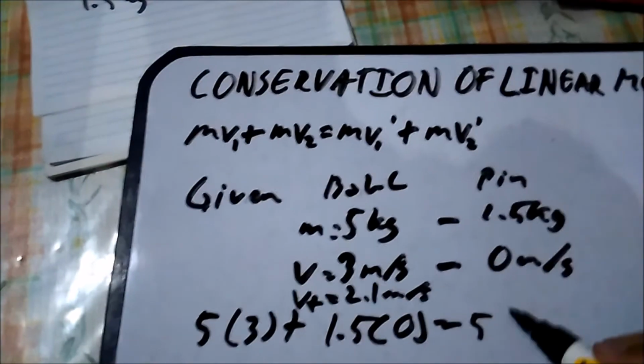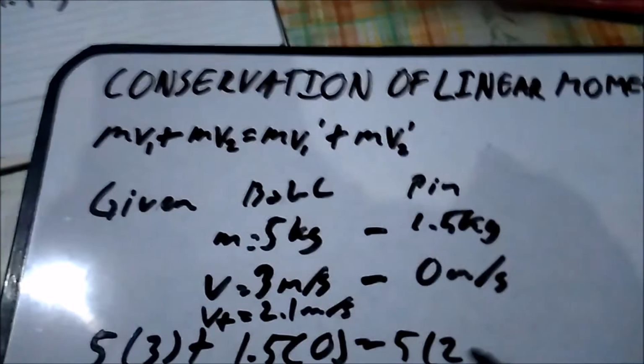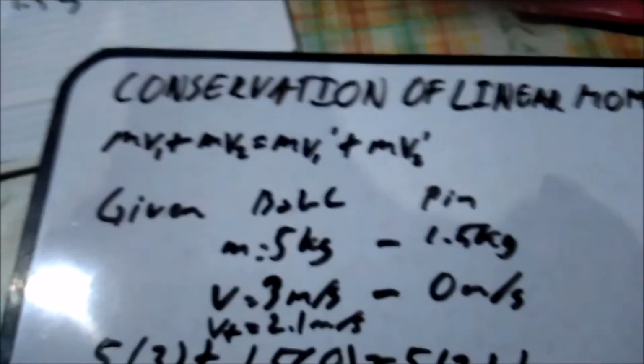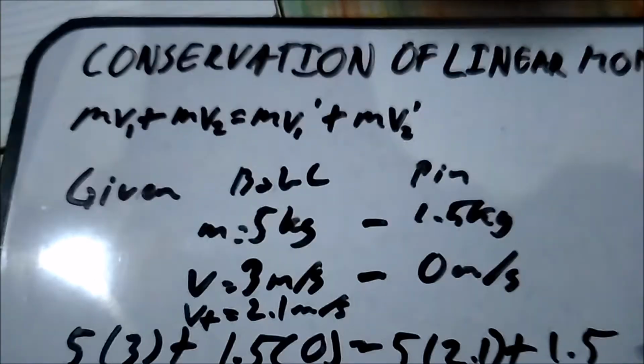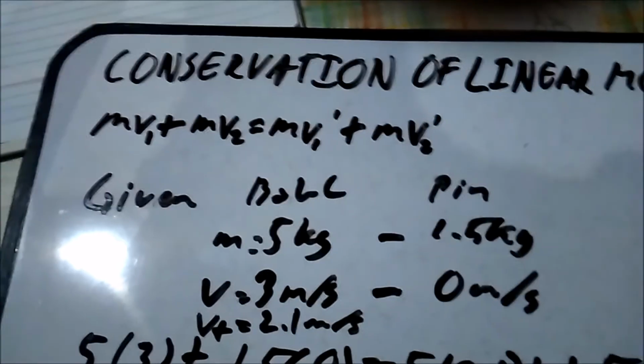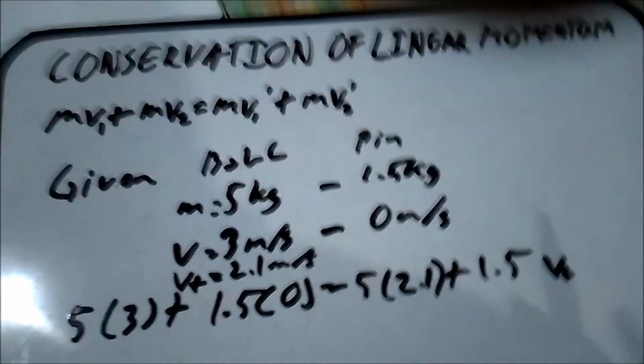So that's pretty hard to think. The mass is still 5, so I'm just going to copy it, 2.1 plus 1.5 and the final velocity, VF, because it's velocity final. I'm just going to find out what the final velocity is.